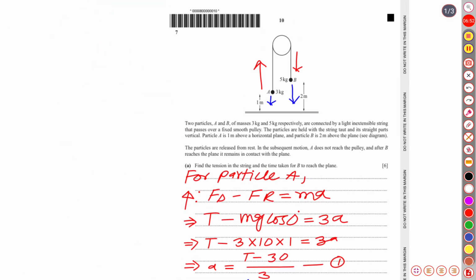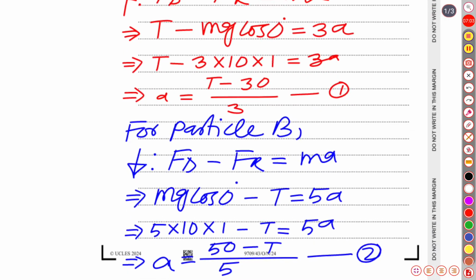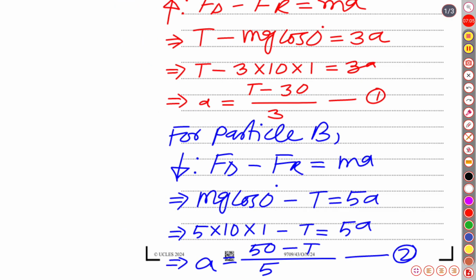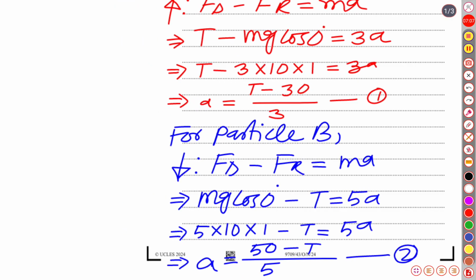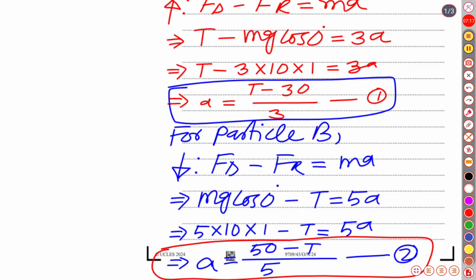Let me write on the left side. a is equal to, the first equation was this, whereas the last equation, I mean the second equation, is this.